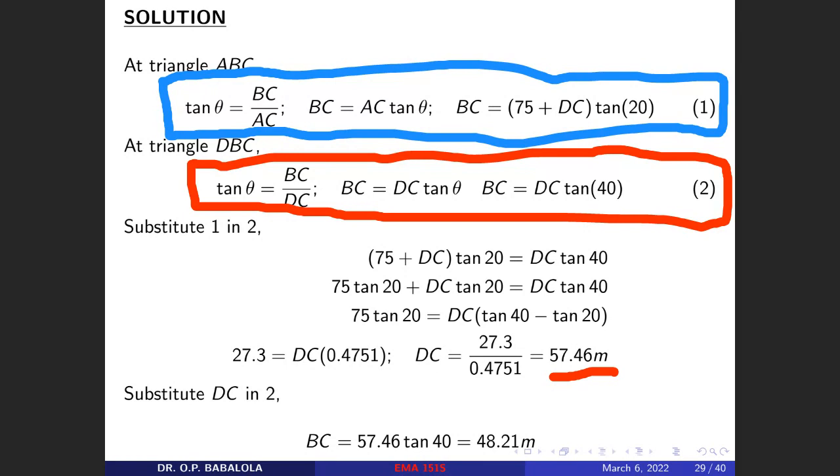Do we all have the same answer, please? What answer do you have for DC?